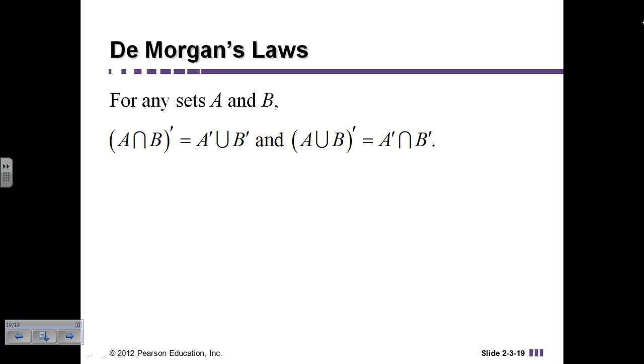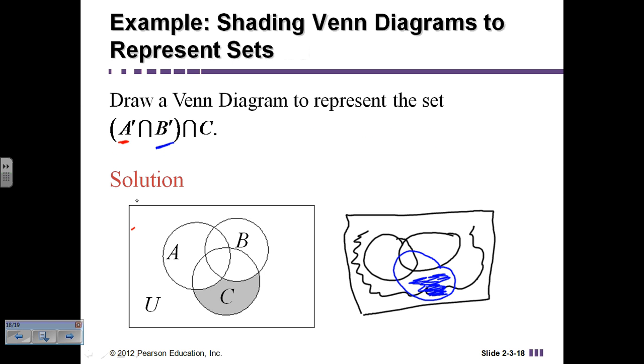So we can use De Morgan's law to simplify some of our work a little bit, like with that Venn diagram.